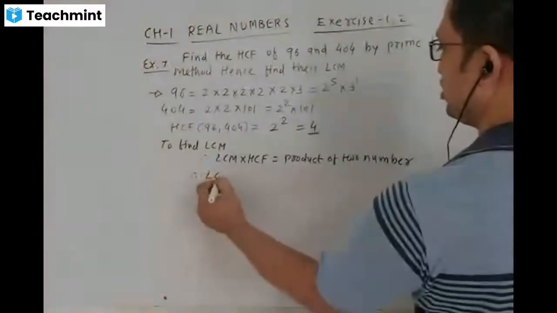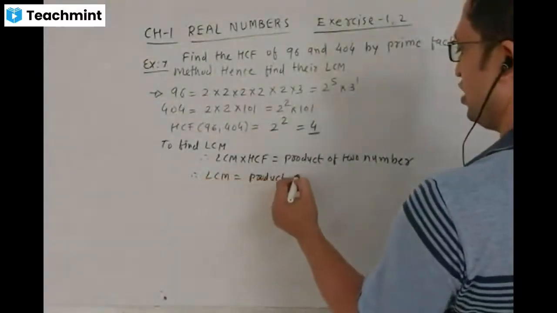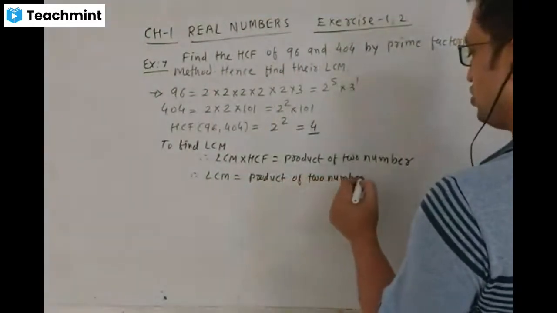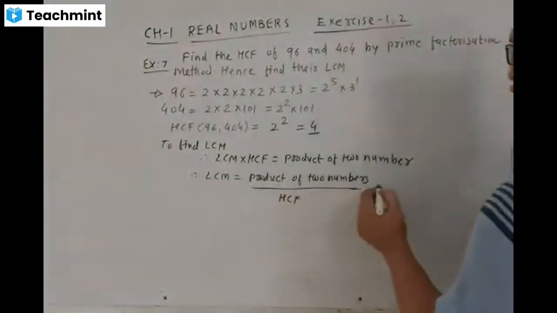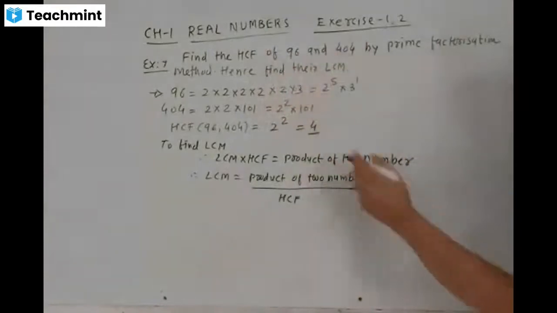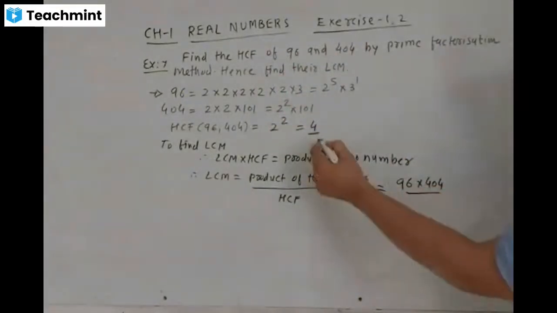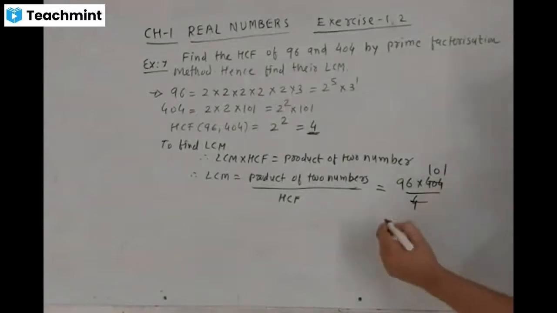Therefore LCM is equal to the product of two numbers divided by HCF. The two numbers are 96 and 404, divided by HCF, which is 4. 404 divided by 4 is 101.